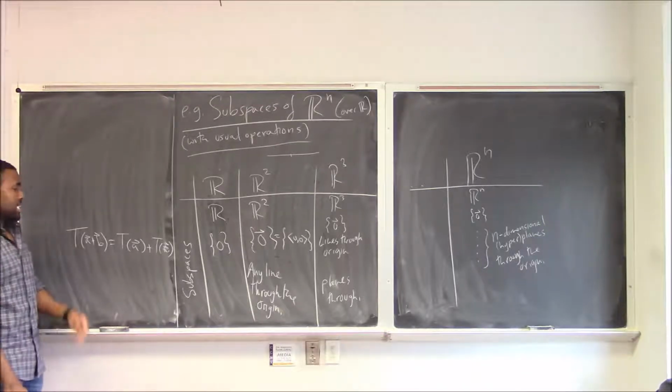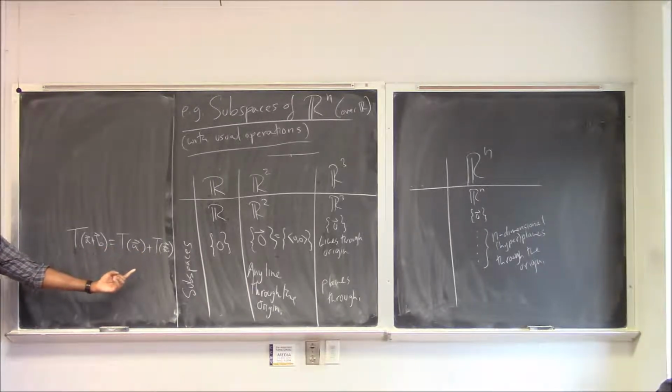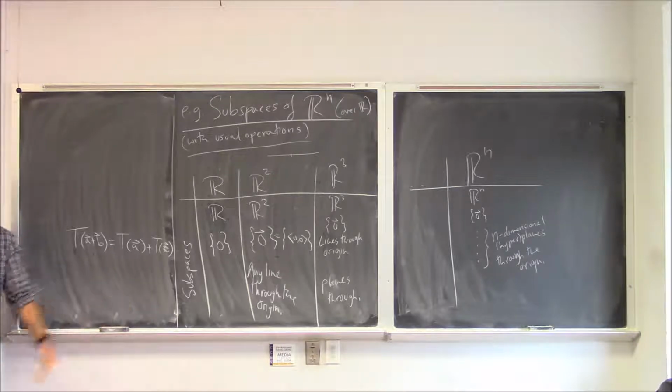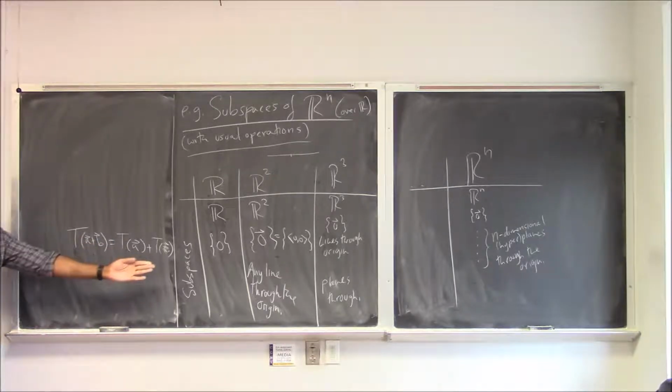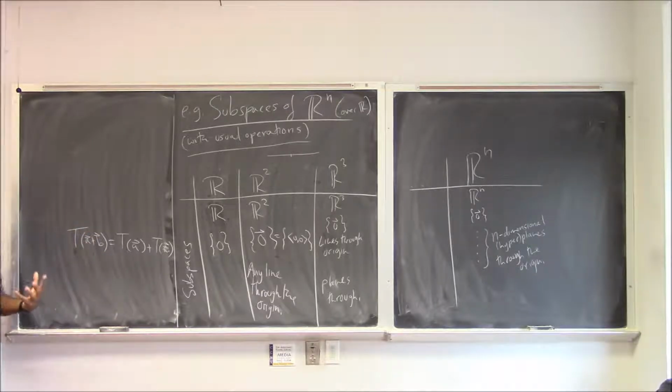I can still maintain its vector space property if I require this. So if T was a function that squared things, I cannot say the square of a sum is the sum of the squares, right? But I want to be able to say that. So this is a property I would care about, and this is one of the reasons I mentioned we're going to talk about functions. We care about functions in general, but right now specifically we care about functions that have this property.